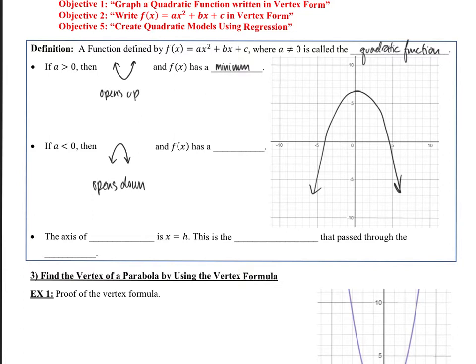Versus for opening upwards, let me go ahead and erase this actually. If we had a parabola opening upwards, we'd have a valley and there would be a lowest point. So we're looking right now at a parabola opening downwards, which has a maximum point right there at the vertex. Once again, maximum and minimum, talking about the vertex.